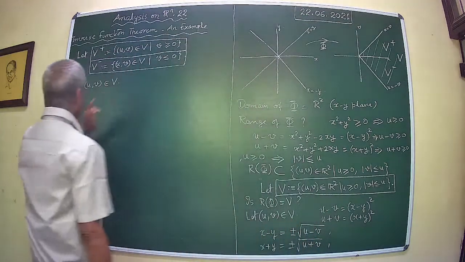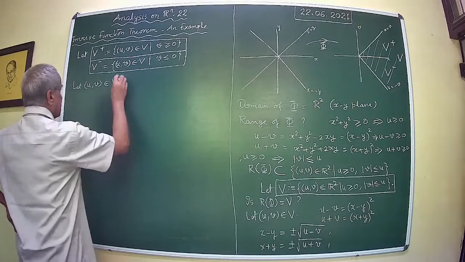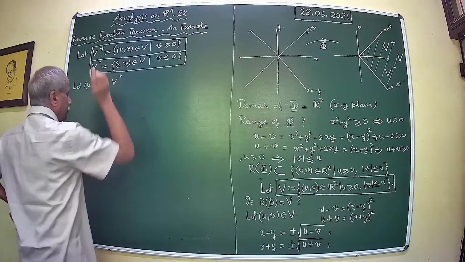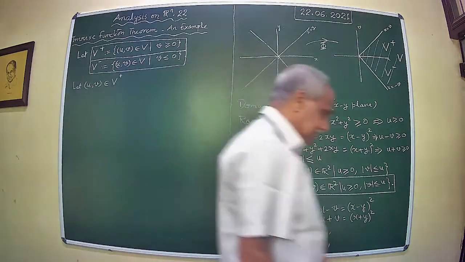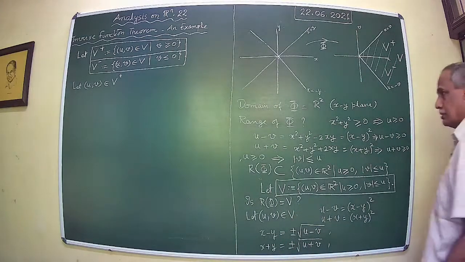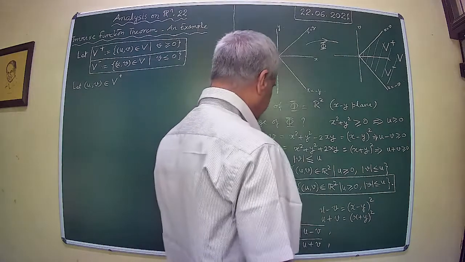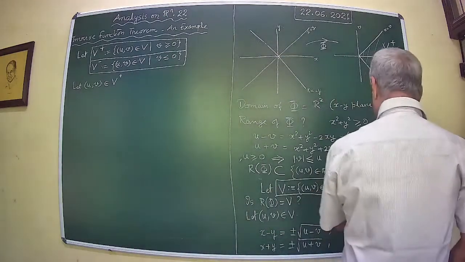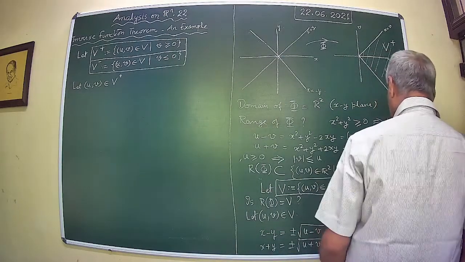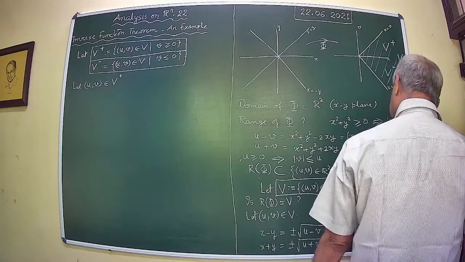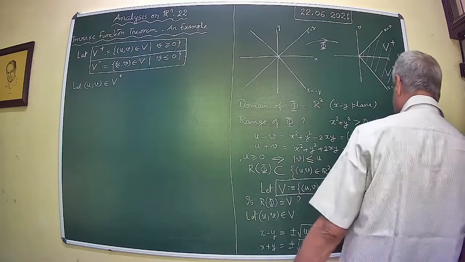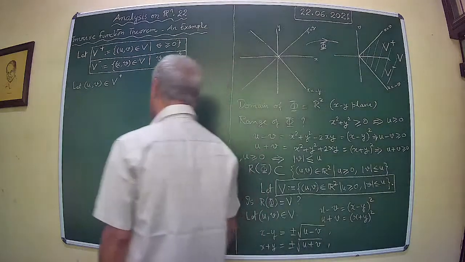Now take (u, v) belonging to V plus. Now we want to show that there exists an (x, y) corresponding to this. Okay. Then what do you have? See, u minus v has to be positive, u plus v has to be positive. U plus v, there is no problem.